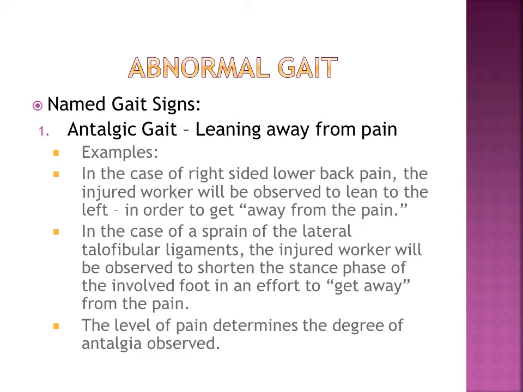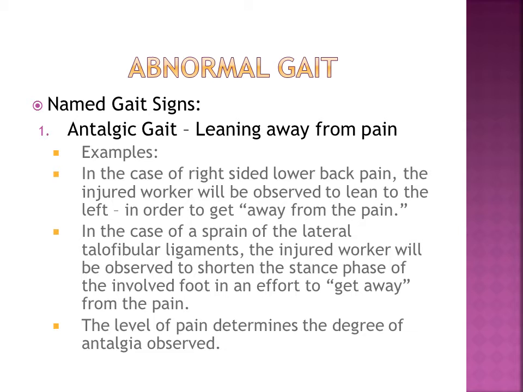As another example, in the case of a sprain of the lateral talofibular ligaments, a severe ankle sprain, the injured worker would be observed to shorten the stance phase on the right foot in order to get off of the pain.